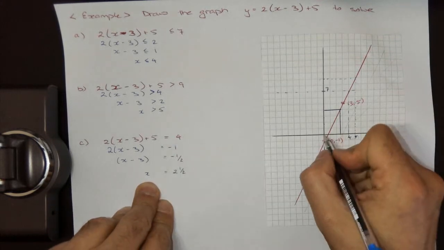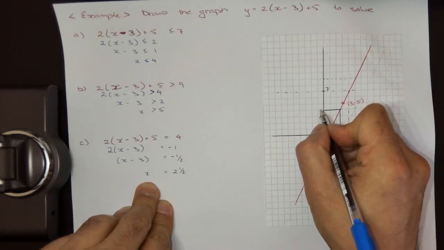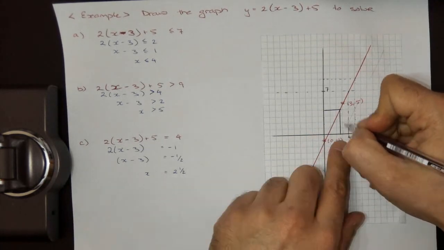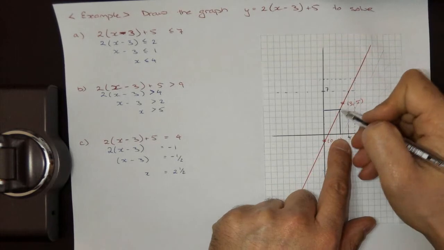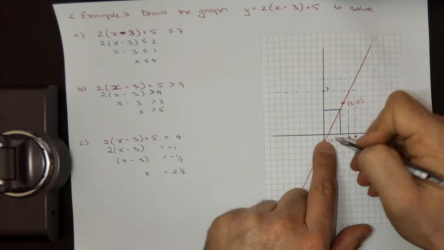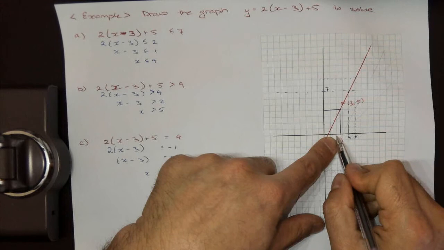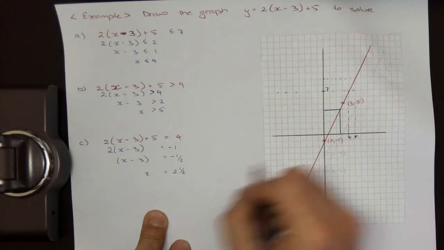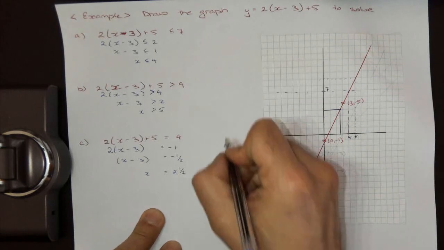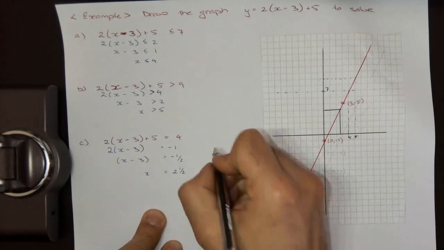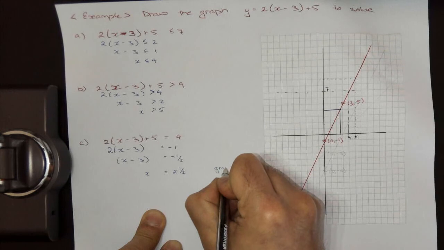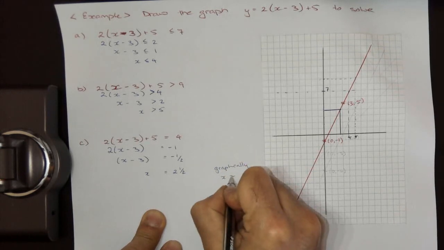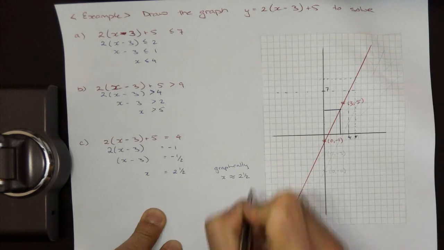But if I look at my graph, 1, 2, 3, 4, I hit my line, and I don't actually hit another grid line, so it's approximately between 2 and 3. So graphically, I would say x is approximately 2.5.